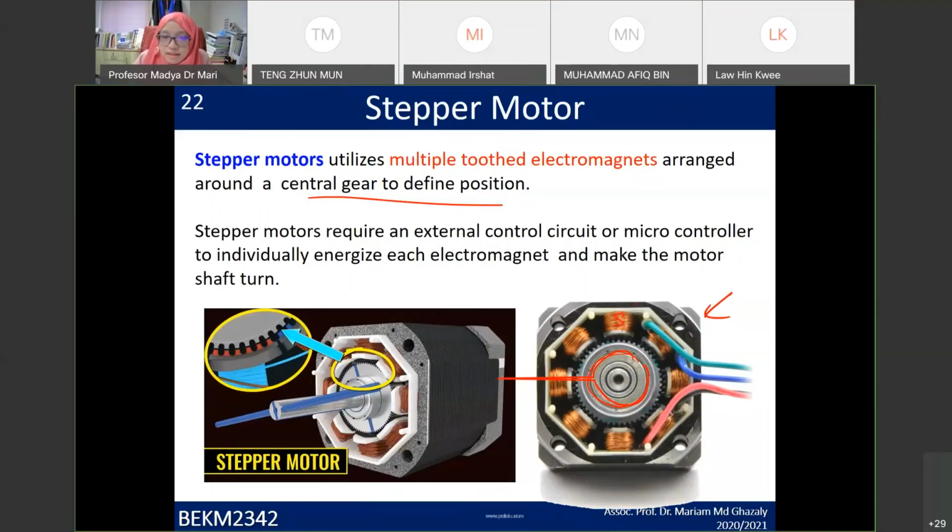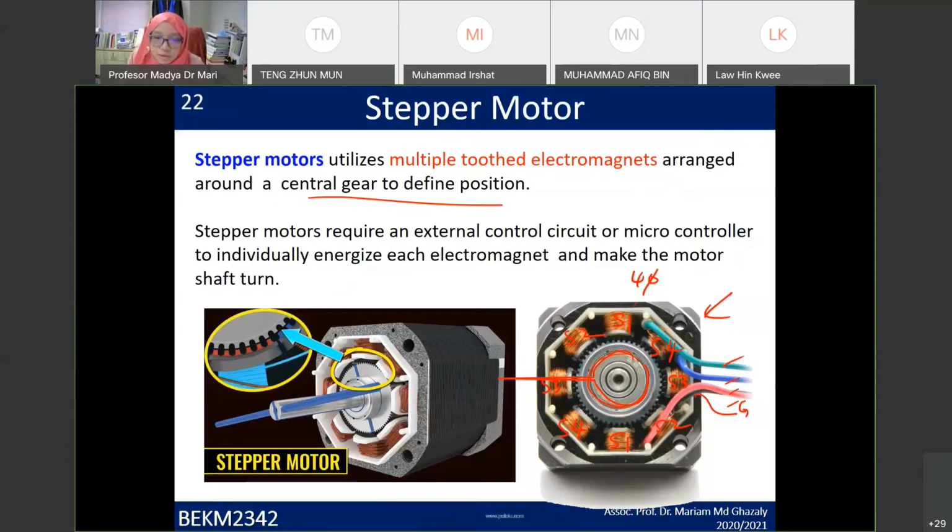This is stator 1, stator 2, stator 3, and stator 4. So this one is actually 4 phase, not 3 phase. That's why you have 1, 2, 3, 4. So in this case you need another wire for the ground wire. Maybe not shown in this photo, but in total there should be 5 wires.